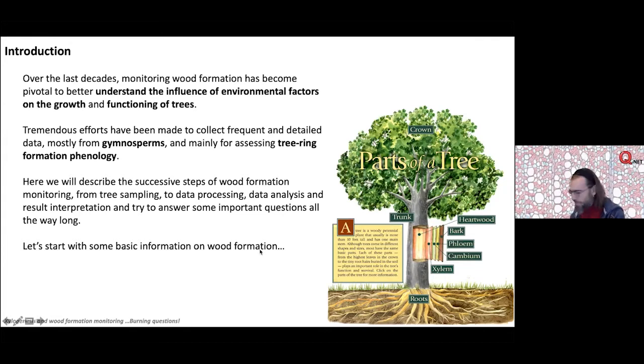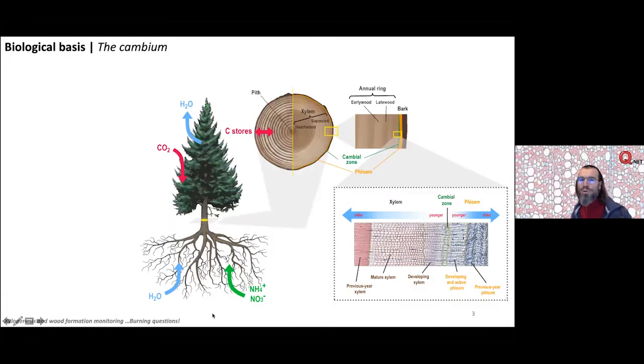Okay, this is just for very beginners. What I find nice is that the cambium, which is the living tissue forming xylem on one side and phloem on the bark side, I see it like a living envelope all around a tree.